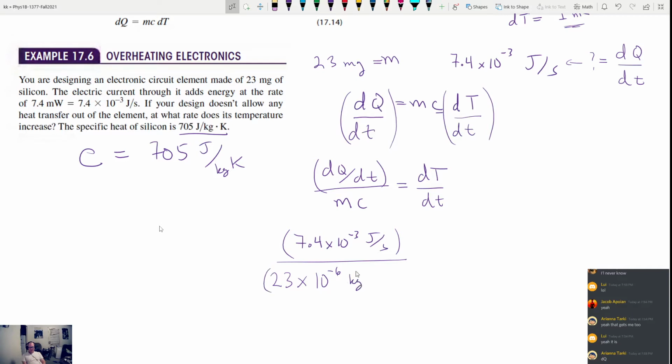Because for 23 mg you'd have two conversion factors: there are 1,000 milligrams in a gram, and 1,000 grams in a kilogram. So that would give us 23 times 10 to the negative 6 kilograms, not 2.3. And then we multiply by the specific heat here of silicon.